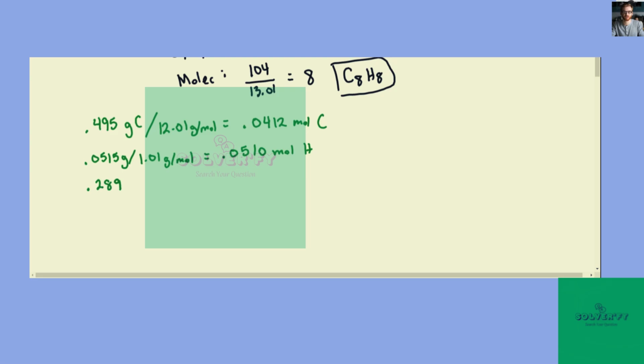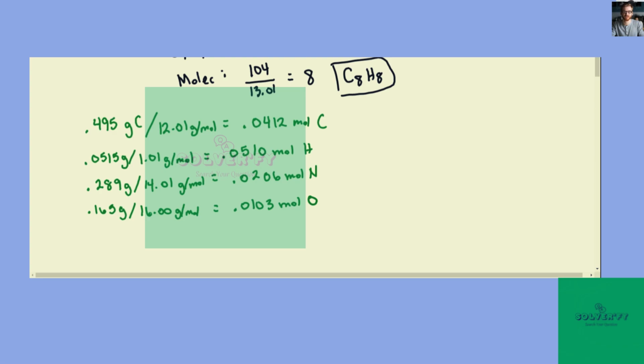Then 0.289 grams divided by 14.01 for the mass of nitrogen gives me 0.0206. And the last one, 0.165 grams of oxygen divided by 16 grams per mole gives me 0.0103. So we're going to look at these.